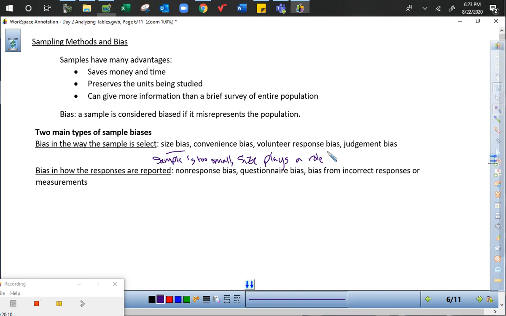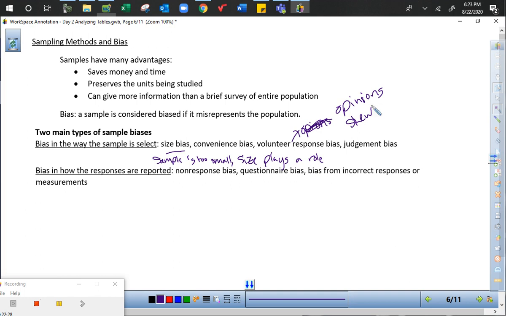So when it's a volunteer response, opinions will skew the data because, like I said, it's going to be one end of the spectrum or the other, and you don't really get to know about all the people who are in the middle.